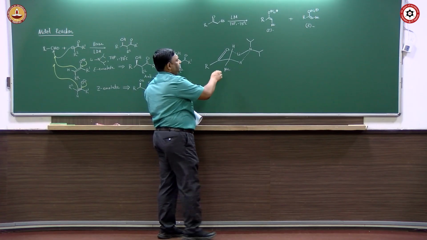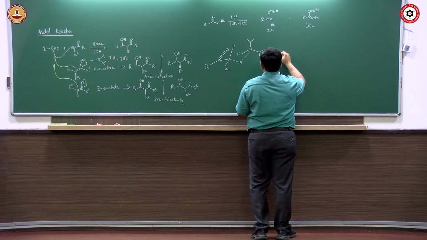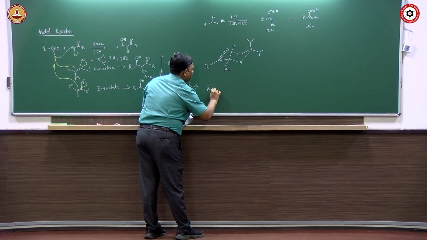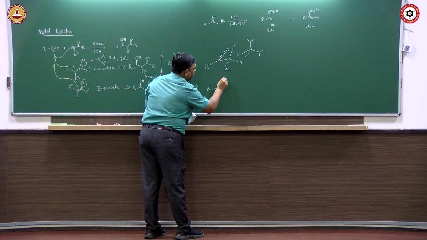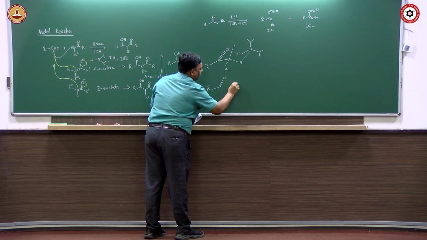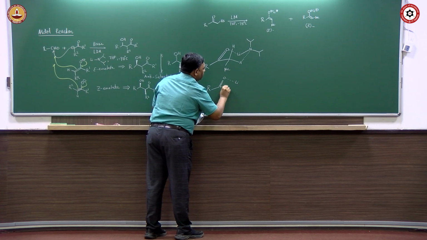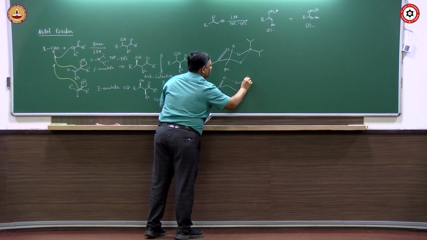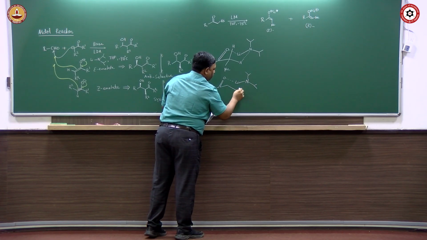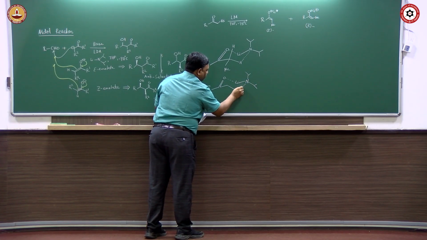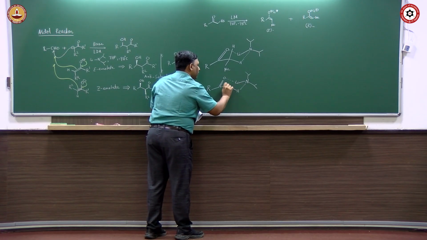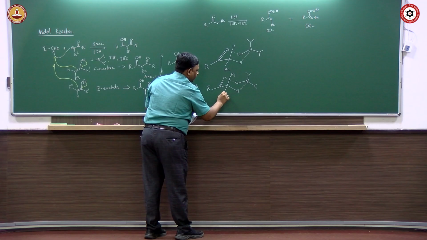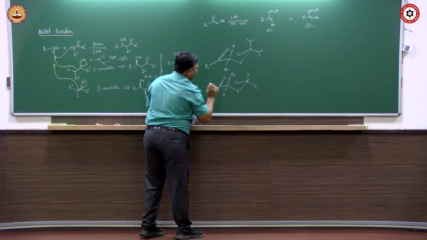You can take the other one, for example, we can draw it down. So, you can have a carbonyl, lithium, and now I take the methyl up and then hydrogen here.